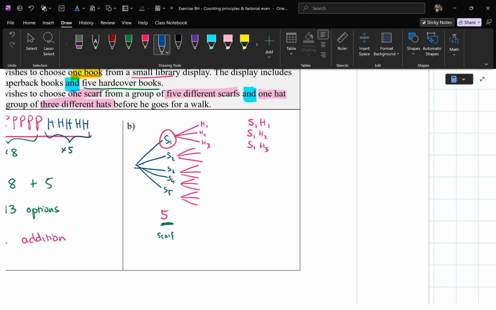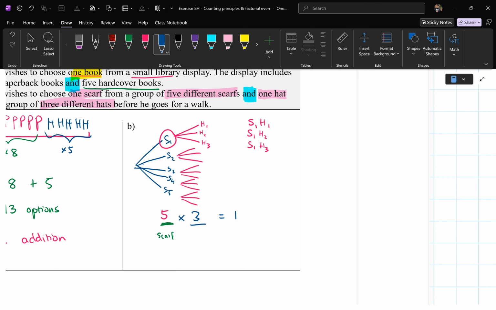So can you see how it actually ends up being 1 group of 3, 2 groups of 3, 3 groups of 3, 4 groups of 3, 5 groups of 3, which really just means 5 times 3. So essentially the mathematics, we say for every option in the first one, we then have 3 options, so therefore 5 groups of 3 or 3 groups of 5.